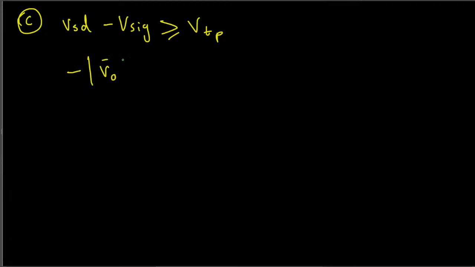To maintain a transistor in the saturation region, there's an equation: the source-drain voltage minus vsig should be greater than the threshold voltage of the PMOS transistor. This can also be written as VO bar plus VO bar over Gv plus VGD greater than VTP.